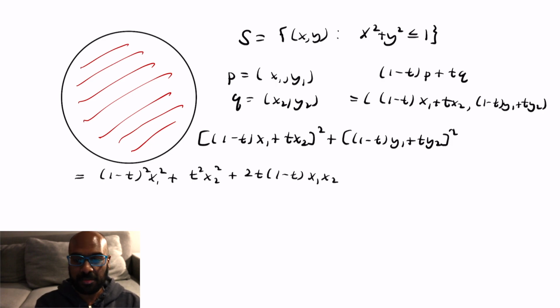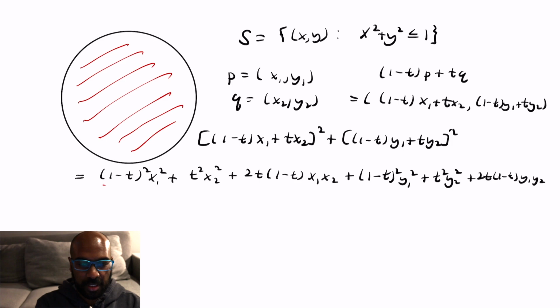Now we'll do a similar thing with the second coordinate. We'll have (1 minus t) all squared y1 squared plus t squared y2 squared. And then we're going to add in that cross term, 2t times (1 minus t) times y1 y2.